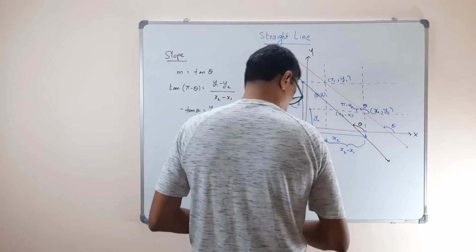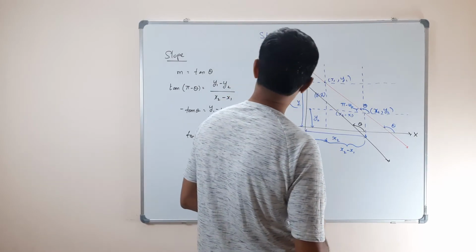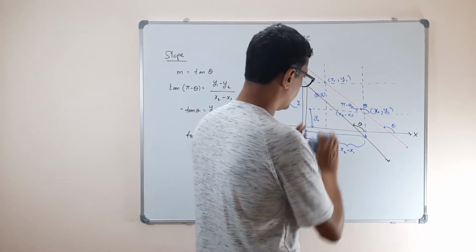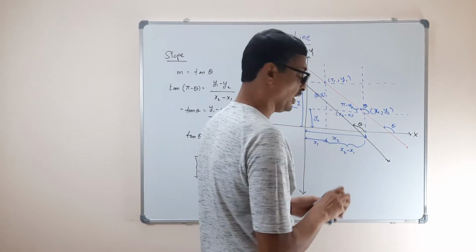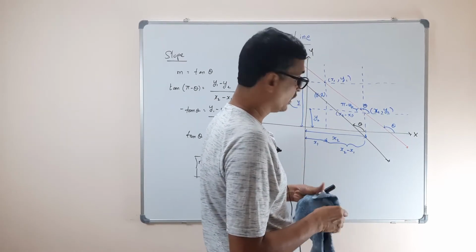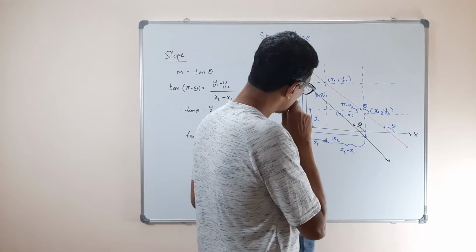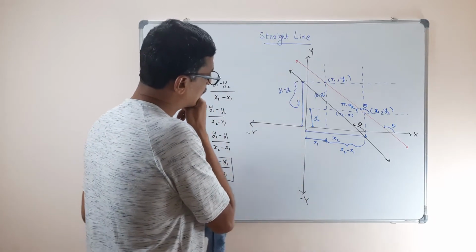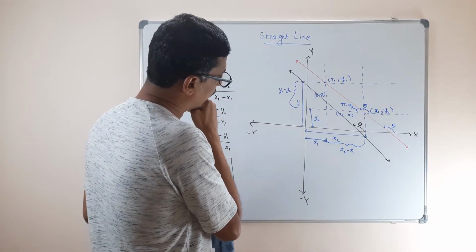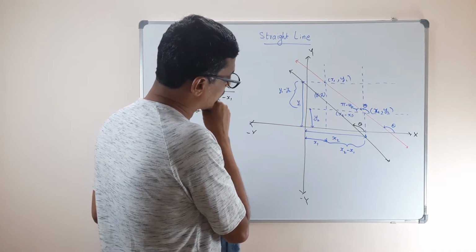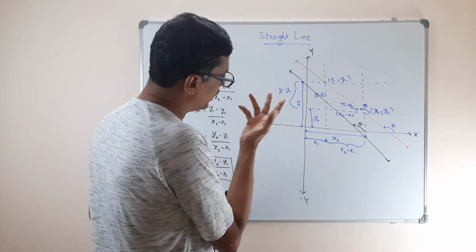Okay, and that's what we know about the straight line. These are the three important quantities which define the straight lines. Okay, so now the straight line is defined by any two quantities.